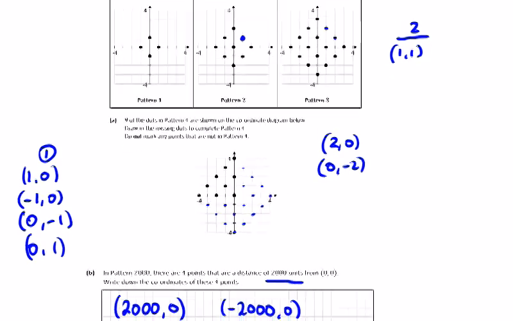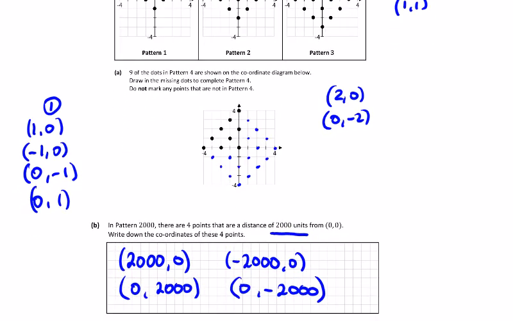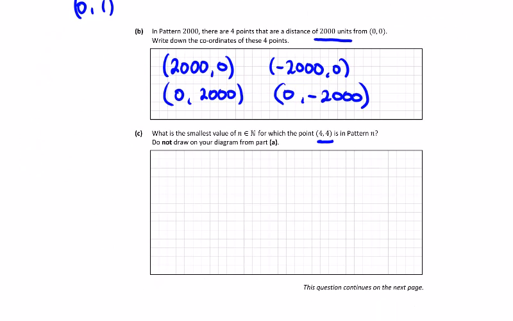So in pattern 4 we have the point 2, 2, and 1, 1 in pattern 2, which means in pattern 6 we'll have 3, 3, and in pattern 8 we'll have 4, 4. Again, just a bit of logic in this question. So 8.